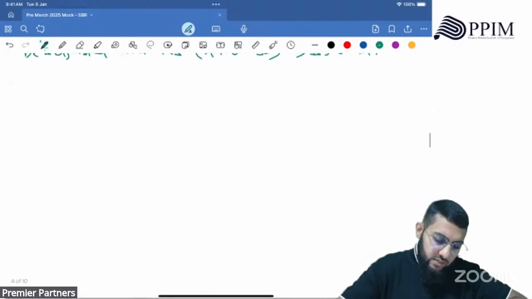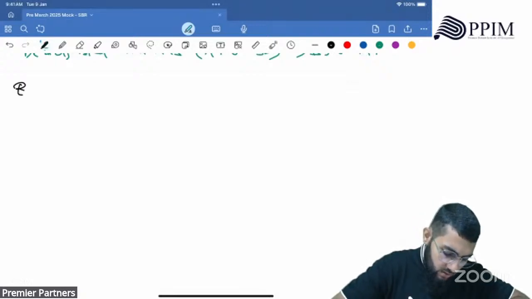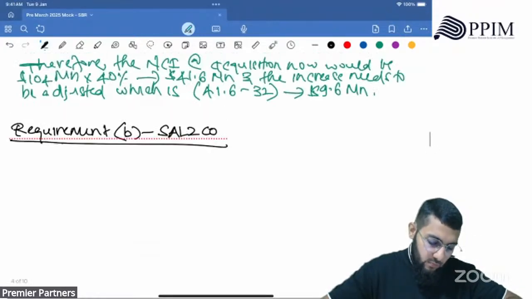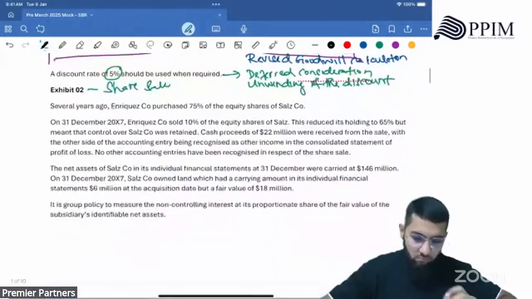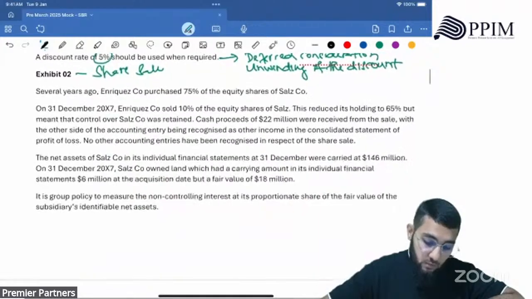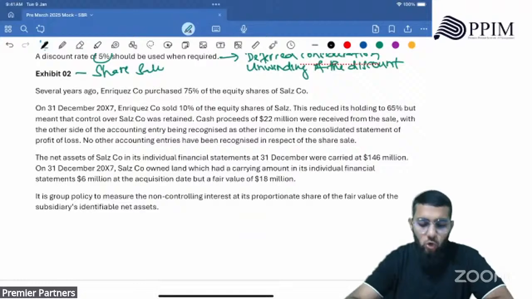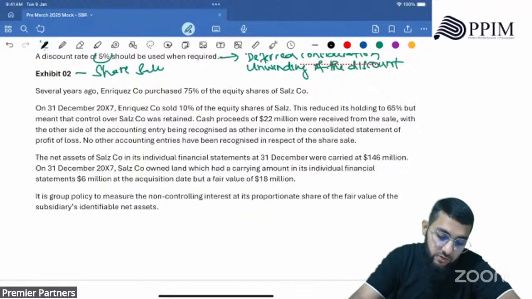Right, now we are starting our requirement B. Salesco. Let's quickly go and read the exhibit and come back and do the answers. Several years ago, Enriquez Co. purchased 75% of the equity shares of Salesco.